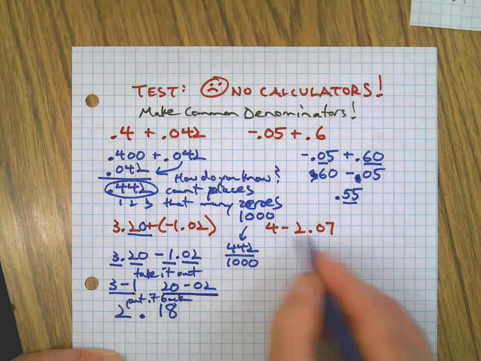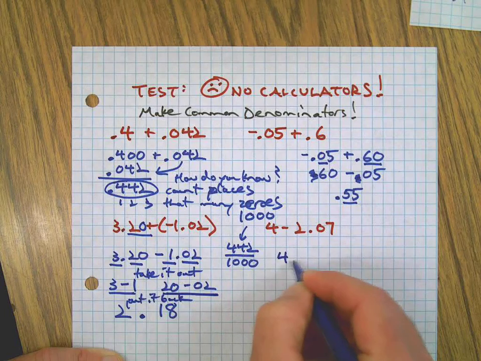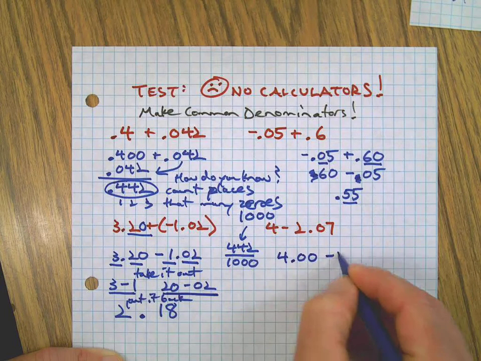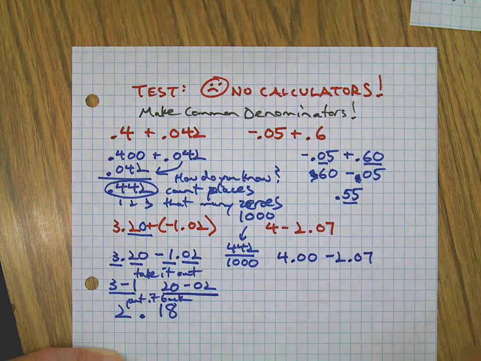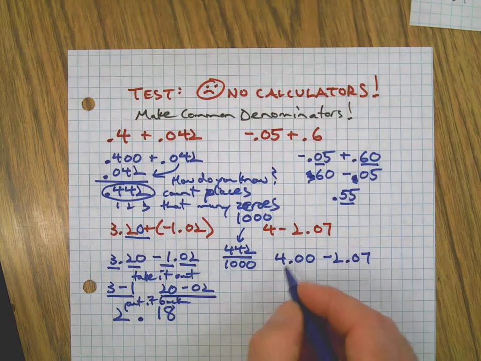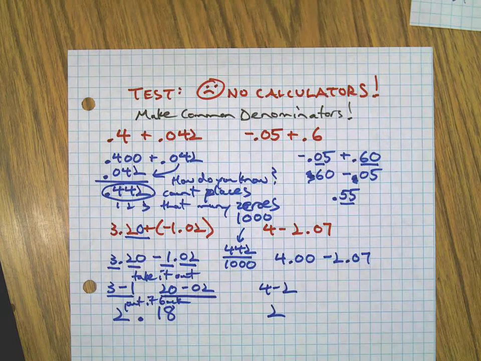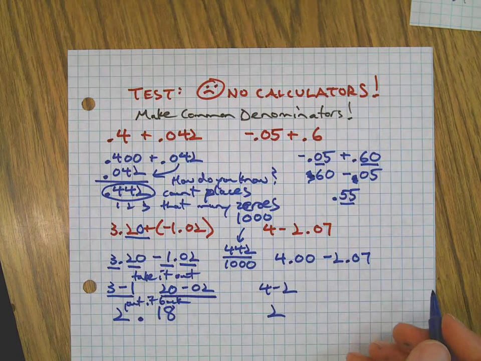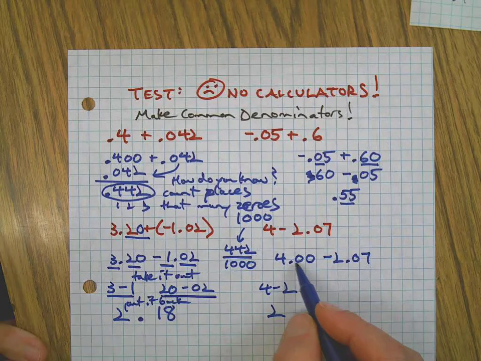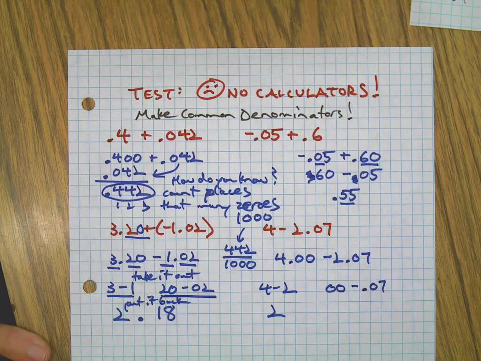And finally, one more. 4 take away 2 and 7/100. Well, I want to create hundredths place here. That's how I get the common denominator of the decimal. Okay, then we're going to separate these. I'm going to take the 4 minus 2, makes 2. But look at this. I've got a double 0, take away 7.